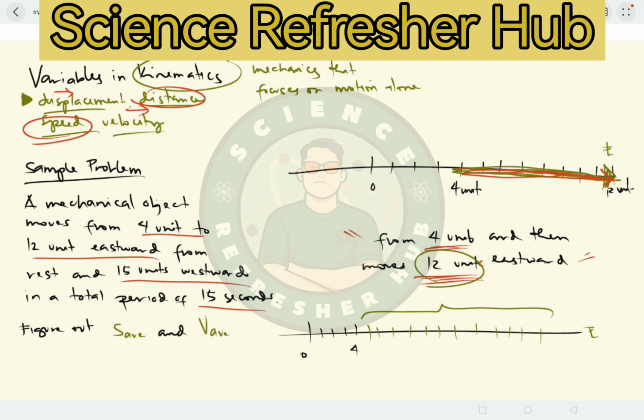So the new position is 16 unit. From 4 unit to 16 unit, if this is our condition: from 4 unit and then moves 12 units eastward, like saying the object moves 12 units east from 4 unit.